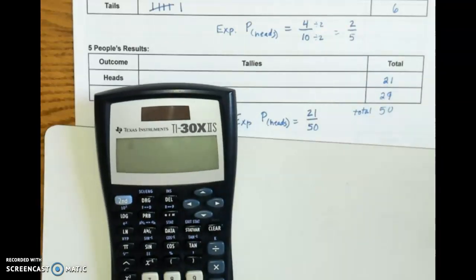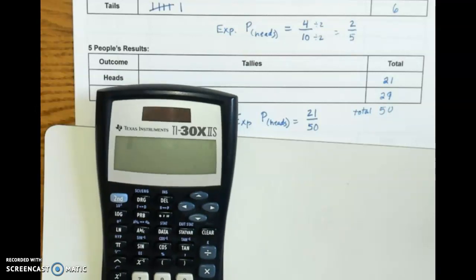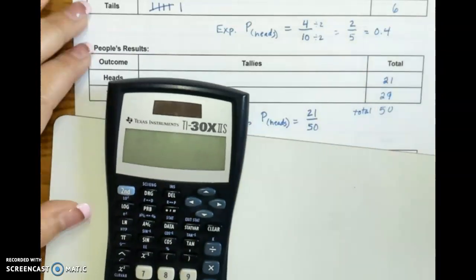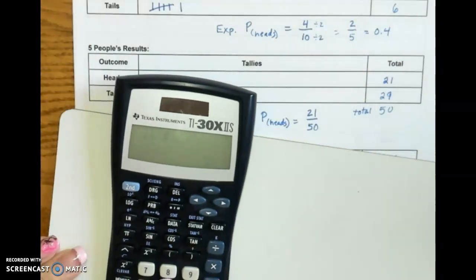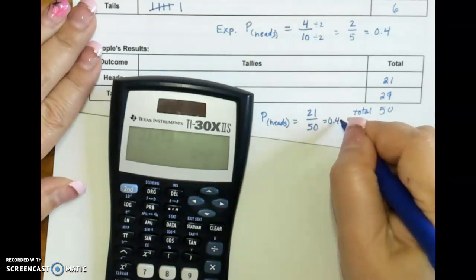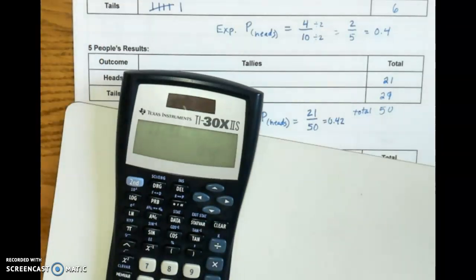I can find that out by simply dividing the numerator by the denominator. So 2 divided by 5 is equal to 0.4. Now 21 divided by 50 is equal to 0.42. Okay, now 0.42 is just a little bit closer to 0.5. So 21/50 is a little bit more accurate.